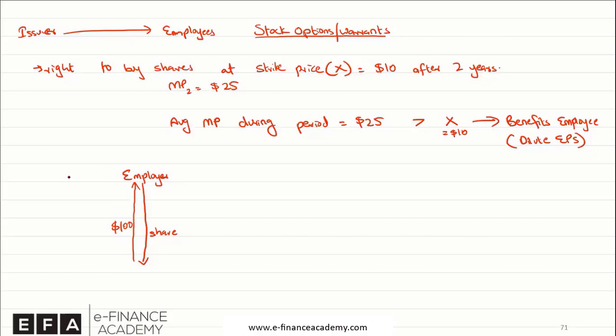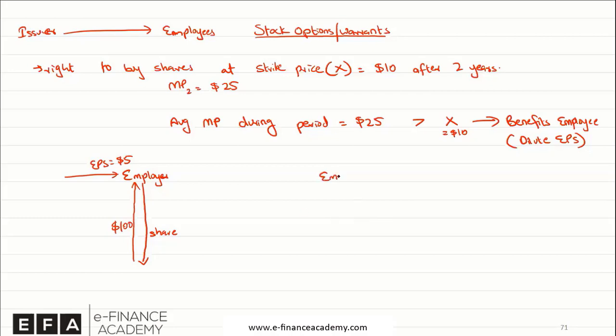When it's invested, the employer earns an earnings per share of $5. Meaning, by raising money worth $100 that the employer invests, the employer earns a return of around $5 on an investment of $100. Now, think of it like this.